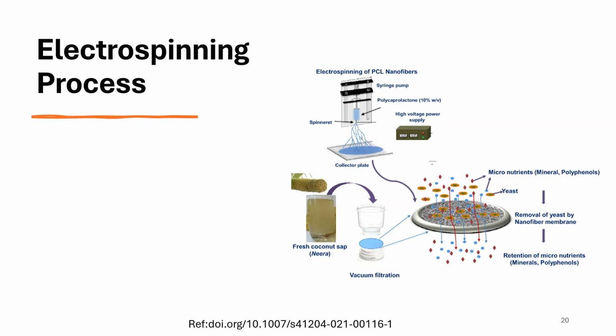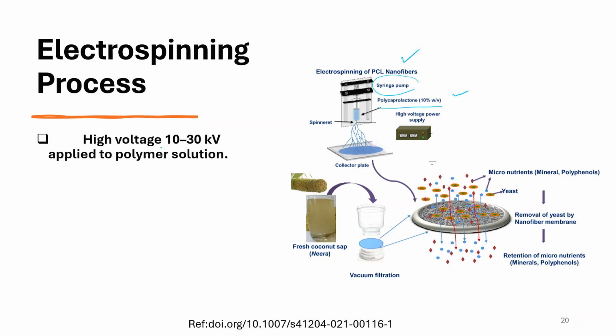Now, how to produce this nanofiber web? It is through the electrospinning process. So, this is the syringe pump, and there is a polymer. Some solvent we use, and here is a spinneret, and what happens here is that high voltage is applied.